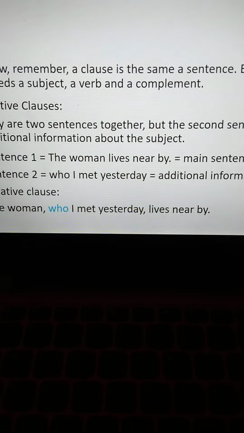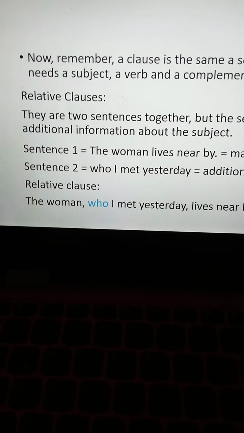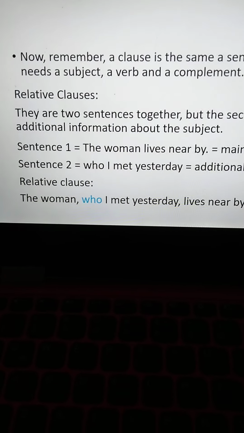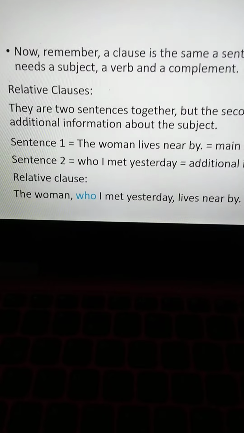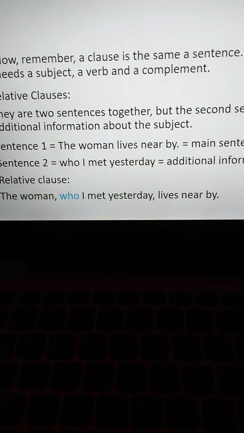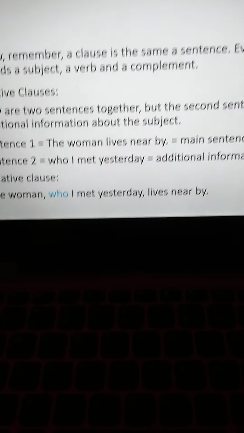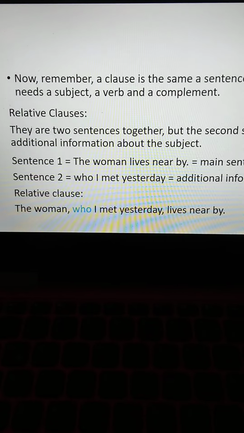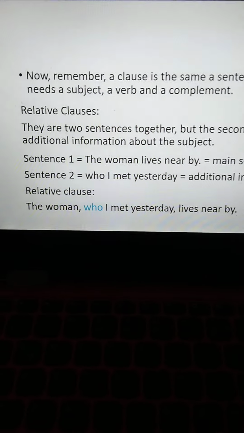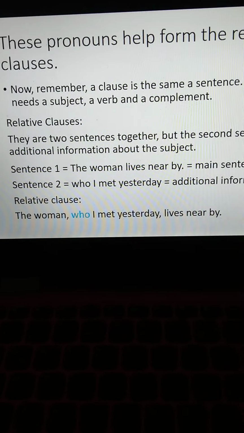It needs sentence 1 to make sense. So, the complete sentence which holds the relative clause is, the woman who I met yesterday lives nearby. And then it makes perfect sense.